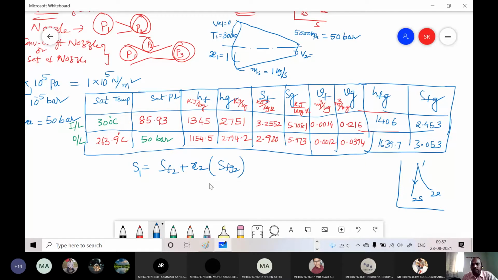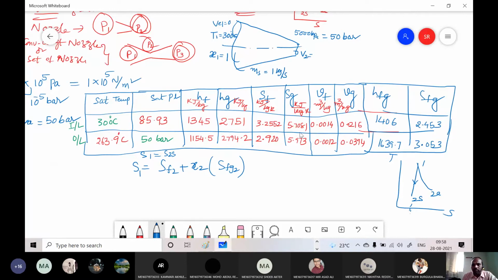Entropy at 1 equals entropy at 2, because in the TS diagram 1 to 2 is a vertical line. Therefore entropy is constant here.